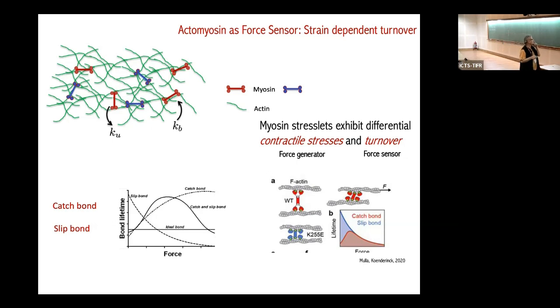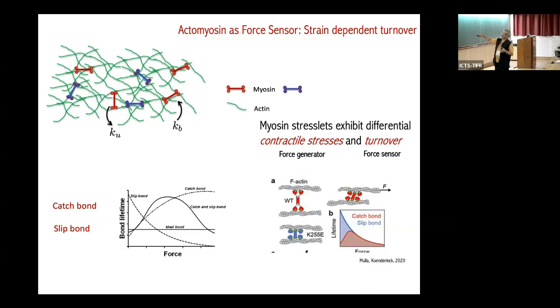Okay. So experiments have shown that if you look at the bond lifetime, the bond between the myosin and the actin, then typically it shows this catch bond behavior in a certain myosin species called myosin 2A. That is, the bond lifetime increases as you apply a force, so it holds stronger to the actin.